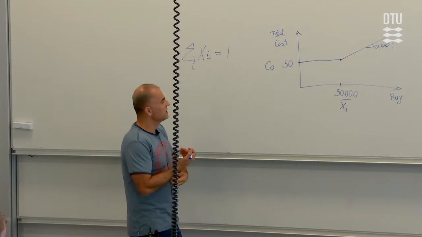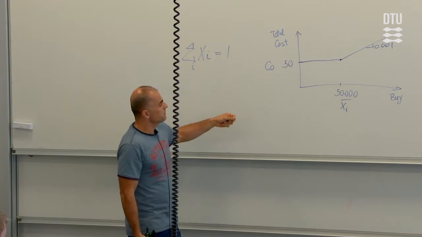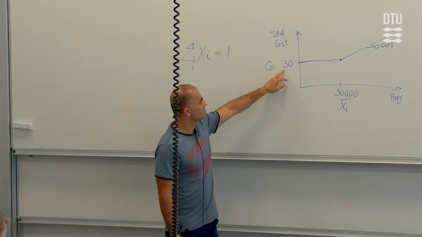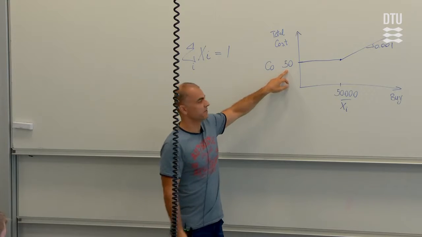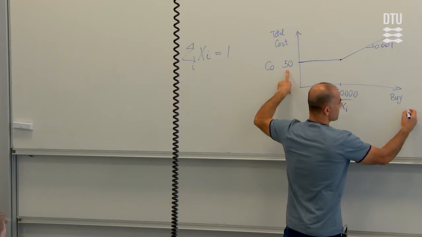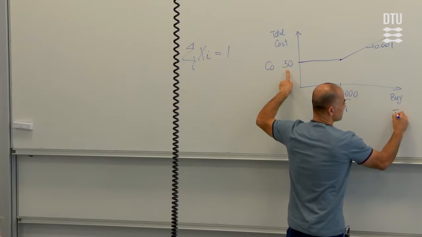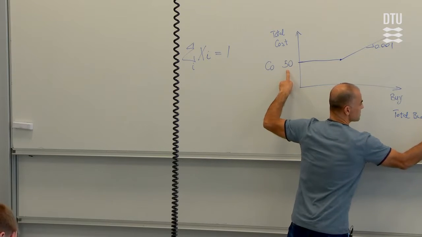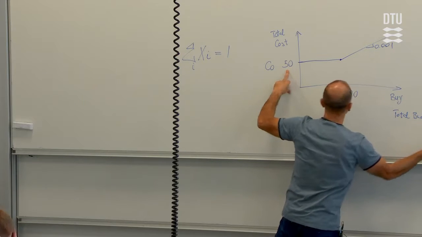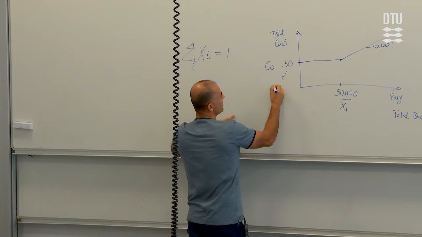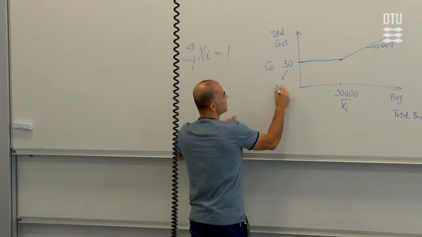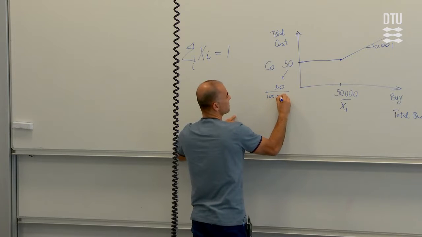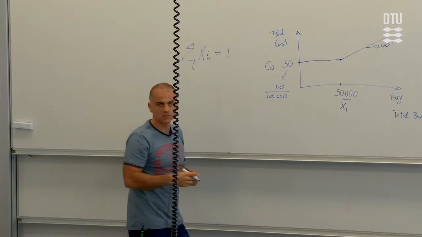So what does it mean? This is in terms of 1 krona. If my total budget is 100,000 krona, then this number would be 50 divided by 100,000, right? So it's a relatively small number.